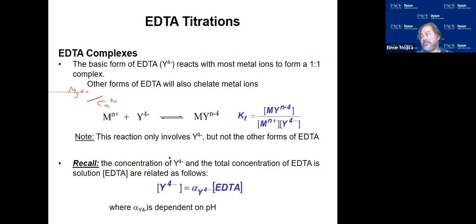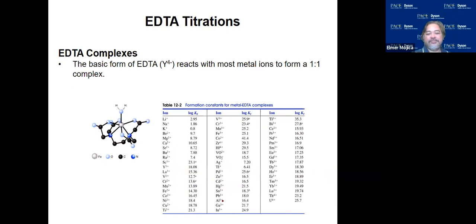This reaction only involves the Y4 minus, but not the other forms of your EDTA. If you recall, the concentration of Y4 minus and the total concentration of EDTA in the solution are related as follows: the alpha value, dependent on the pH, times the concentration of the EDTA gives you the concentration of your Y4 minus.